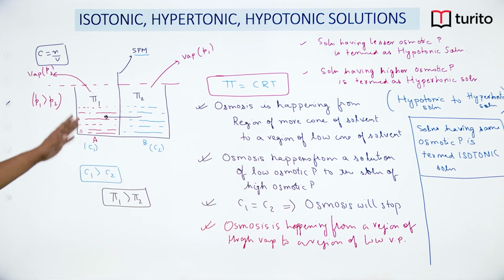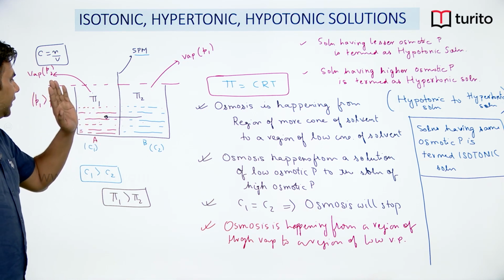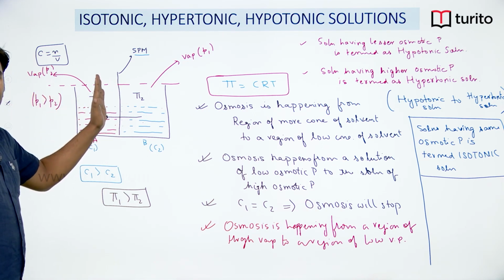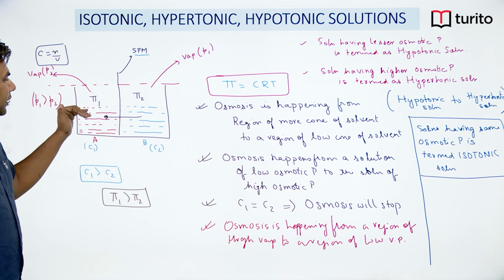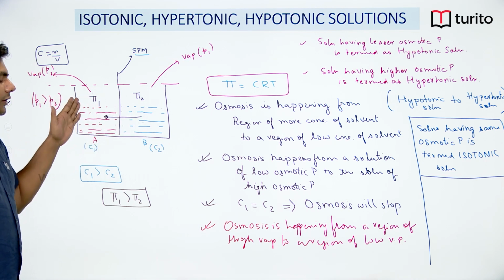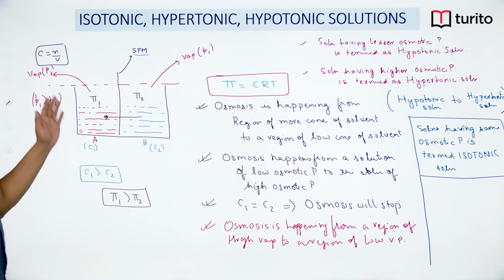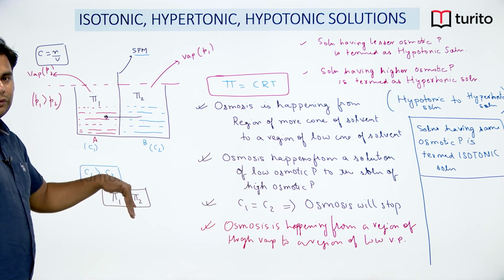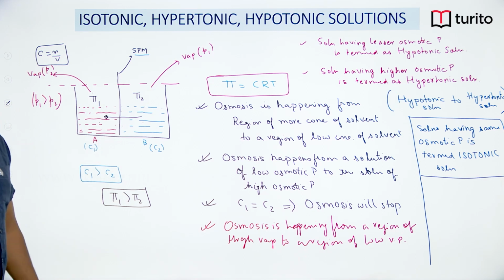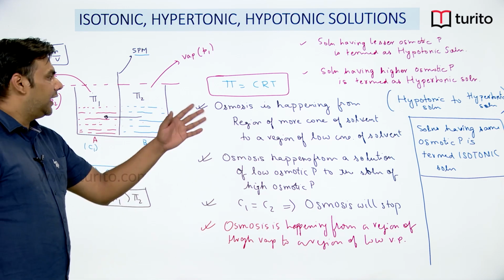Okay, so suppose in a container we have separated the container with a semi-permeable membrane, and there are two chambers A and B. Suppose the concentration in the A side was C1 and the concentration in the B side was C2. If C1 is greater than C2, we know that osmotic pressure is CRT.